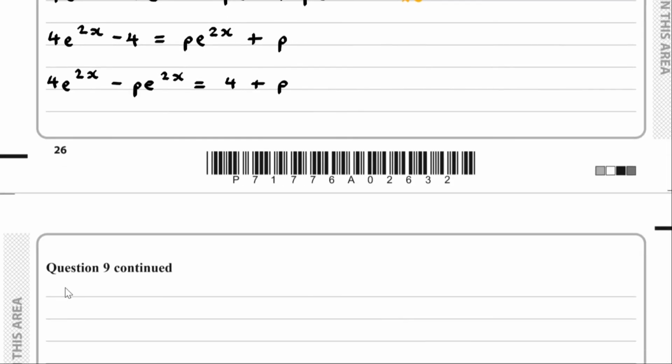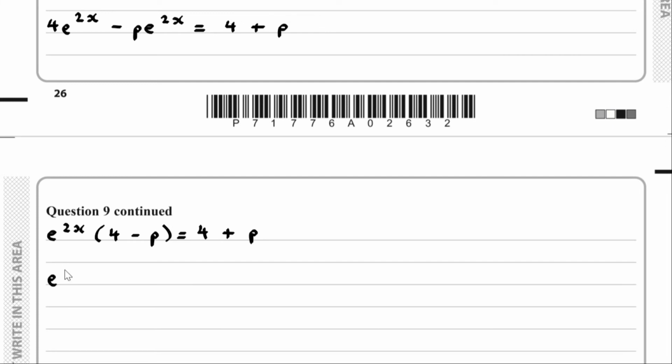And on the left hand side, if I factorize out an e to the 2x, I have inside the bracket 4 minus p, and that's equal to 4 plus p.